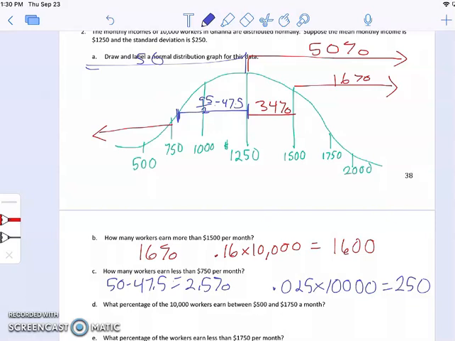What percentage of the 10,000 workers earn between 500 and 1,750? We are looking between 500 and 1,750. Again, look at standard deviations. From here to here is 3. From here to here is 2. We know within 2 is 47.5.